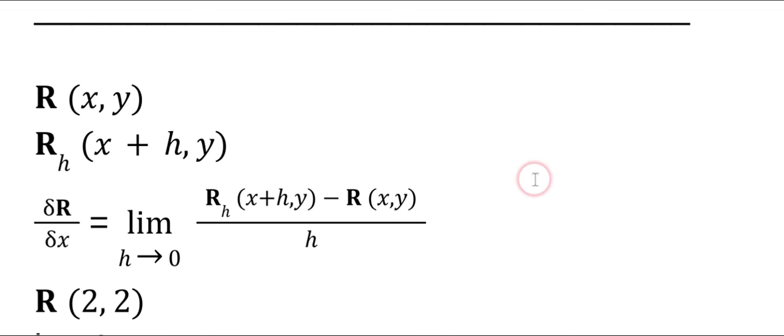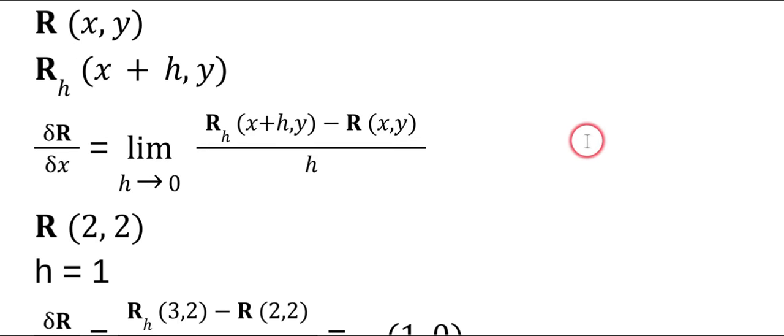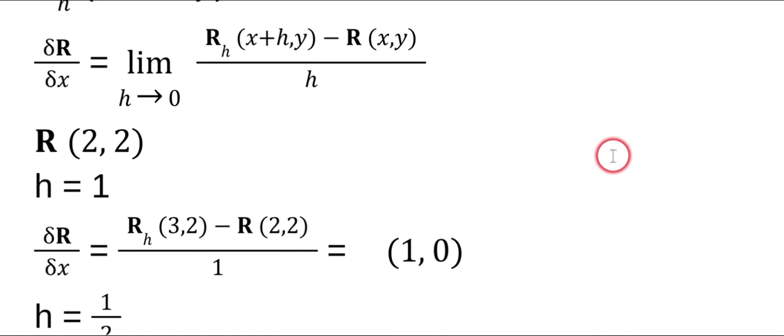So let's do a specific example. Let's let the position vector be (2, 2), and let's let h equal 1 to start. So we got x plus h, that'd be 3. Y doesn't change. This is the original vector. So what is the vector (3, 2) minus (2, 2)? It's (1, 0), because that's just a 1 in the denominator. Now let's make it smaller.